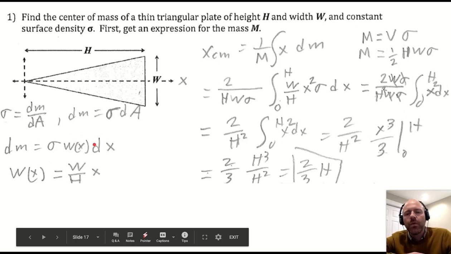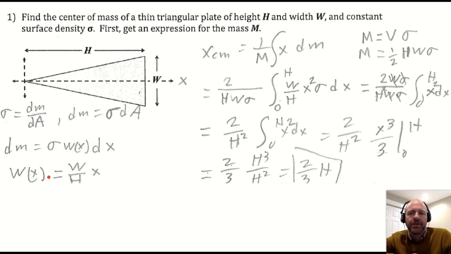Of course, the width can be found as a function of where you are in x. When x is 0, the width should be 0, and when x is h over here, the width should be w. Using all these substitutions, and the fact that the mass is the area times sigma, the area in this case is one half height times width, times sigma.